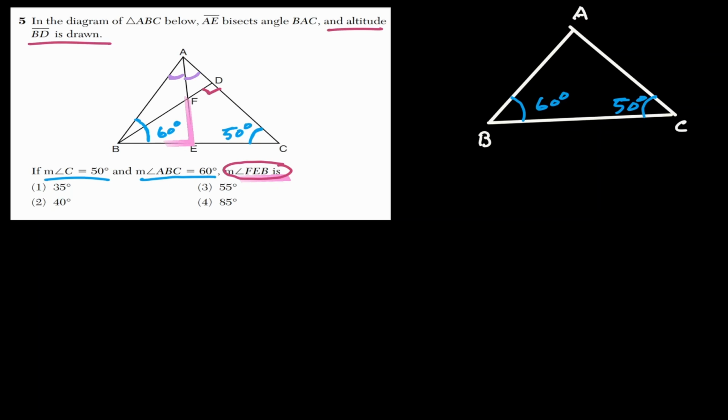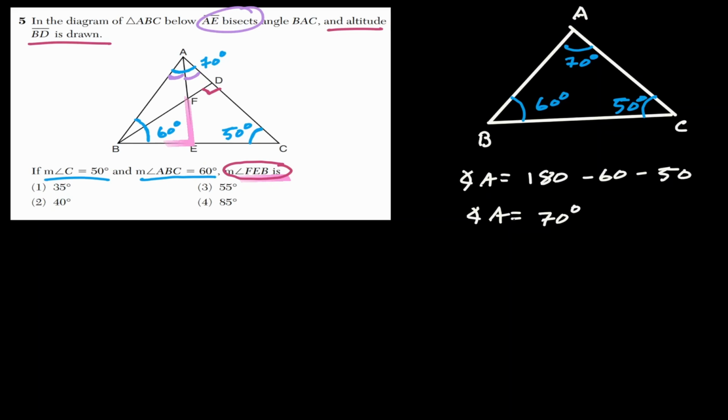The summation of the interior angles is 180 degrees. So therefore, angle A will be 180 minus 60 minus 50, which is equal to 70 degrees. So let's put that down in here. But when we place 70 degrees in angle A, don't forget that we did mention that AE bisects those angles.